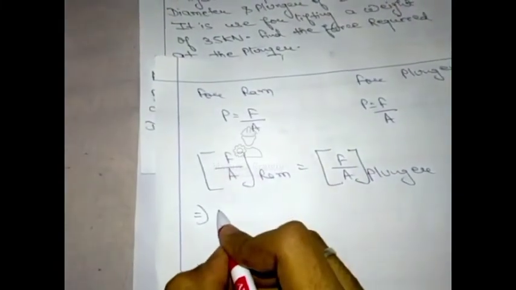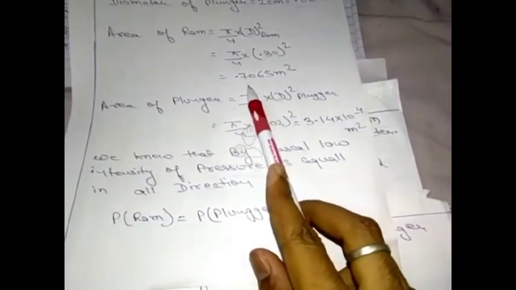So let's put the value of F on A on ram. So in the question you can see that weight is given 35 kilonewton here. So 35 kilonewton divided by area, and area we have calculated for ram, you can see 0.7065 meter square.